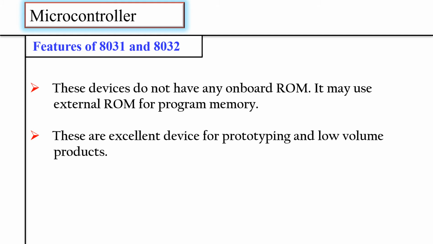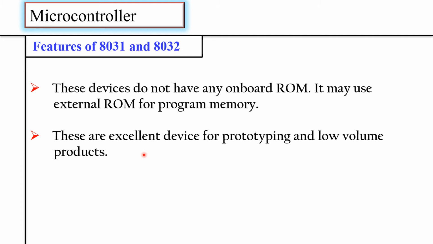So the features of 8031 and 8032 are: these devices do not have any onboard ROM and they can use external ROM for program memory. They are excellent devices for prototypes and low volume products.